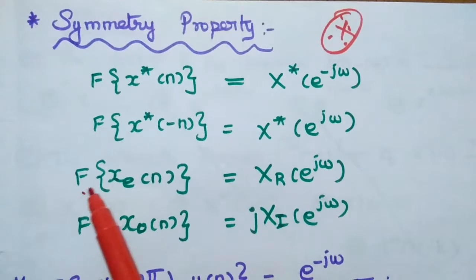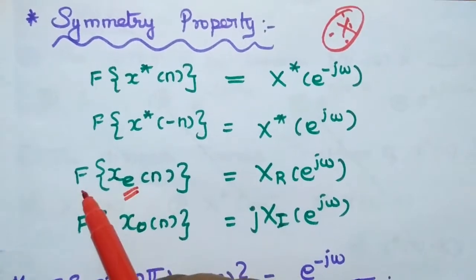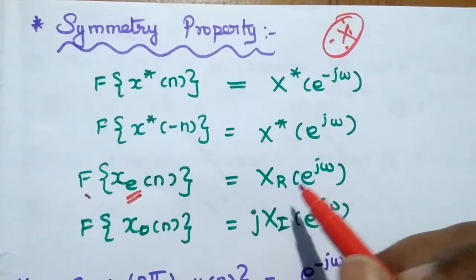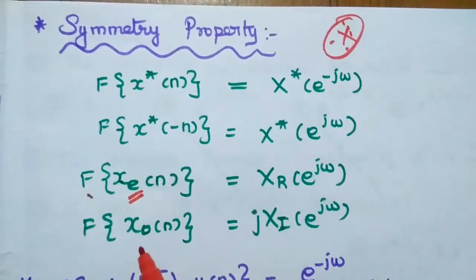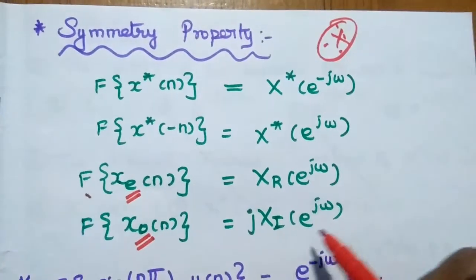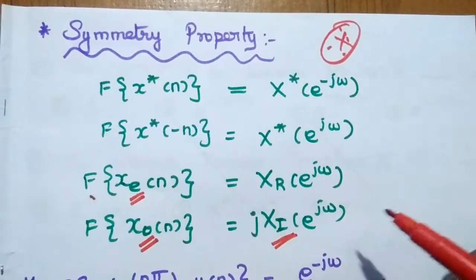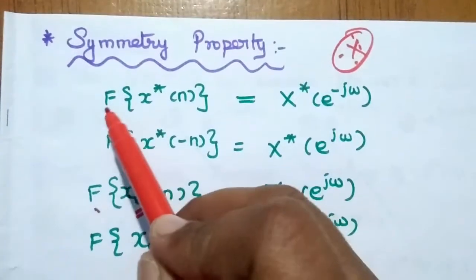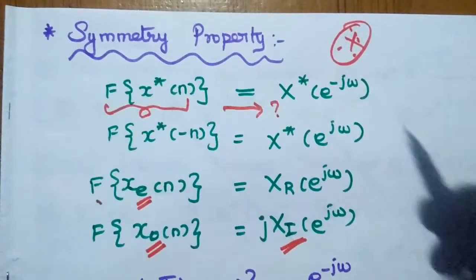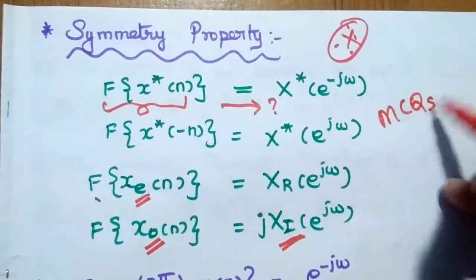Likewise, the Fourier transform of an even signal is equal to the real Fourier transform. Likewise, the Fourier transform of an odd signal is equal to the imaginary value of its transform. Sometimes they may give the left hand side and ask for the right hand side in MCQs. So these four conditions are important.